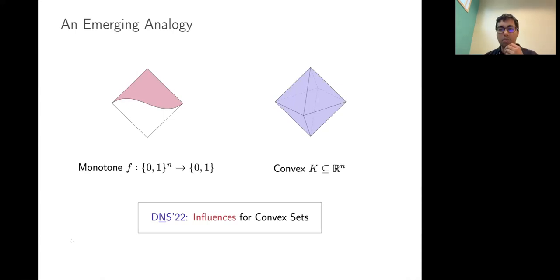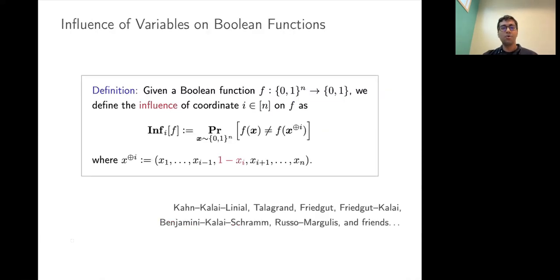But in order to tell you what that is, I should first tell you what the usual notion of influence for monotone Boolean functions is. So given a Boolean function, you can think of it as a voting rule that takes in n people's votes and outputs either 0 or 1. So it's a two-party election. There's either candidate 0 or candidate 1, and the function just tells you who wins the election after n people have cast their votes.